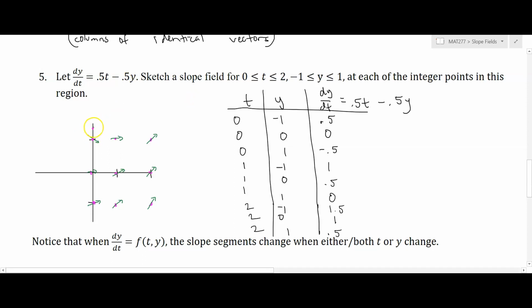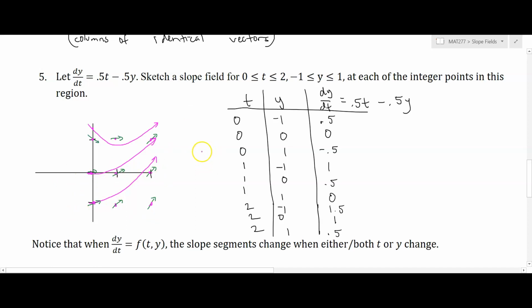If I pick that one, gosh, it looks like it might even do something like this and then come back up. And then maybe an initial condition here will probably start to also grow upwards. These will kind of grow upwards. So it looks like ultimately all of these initial conditions will start to move upwards.